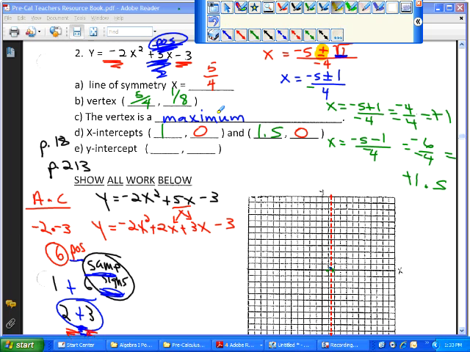Let me review. What we did is we multiplied A times C. We found all the factors of AC. When we said our factors, we said when you multiply with the same signs, the answer is positive. Then we said we want to pick the pair that add to give us B using sign rules.